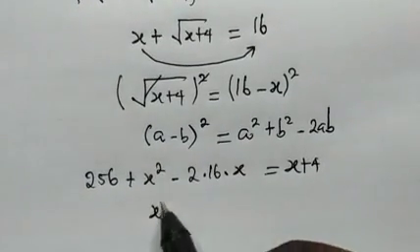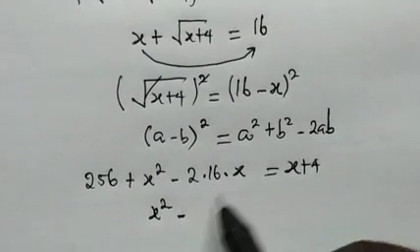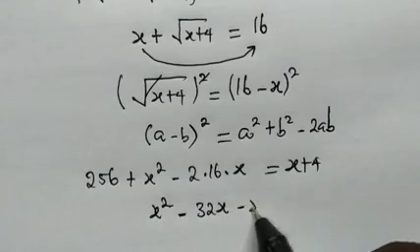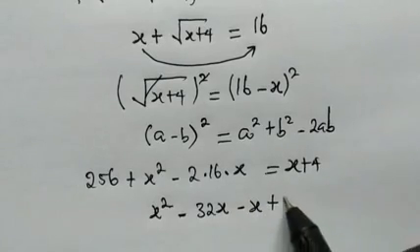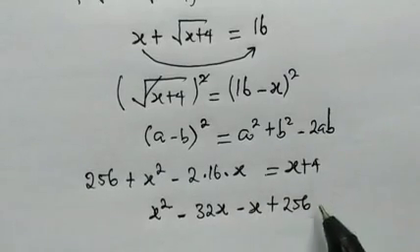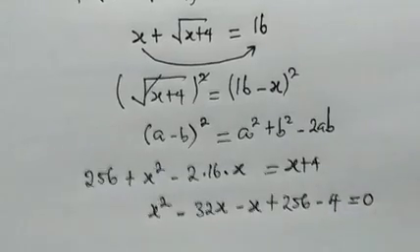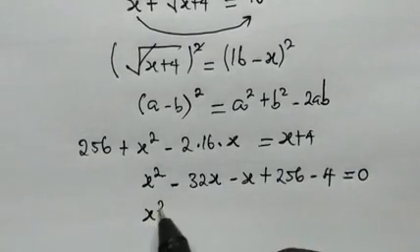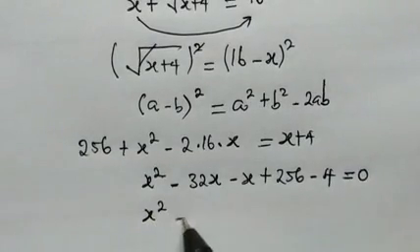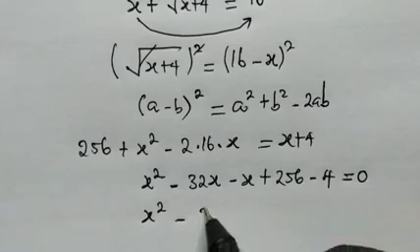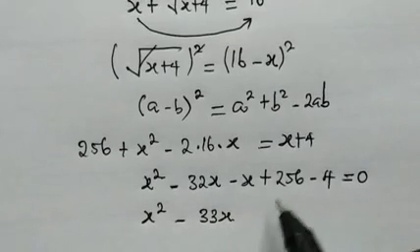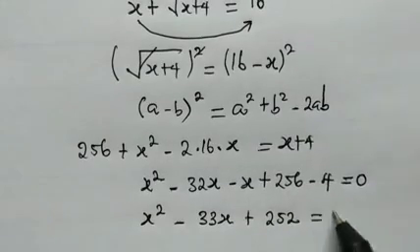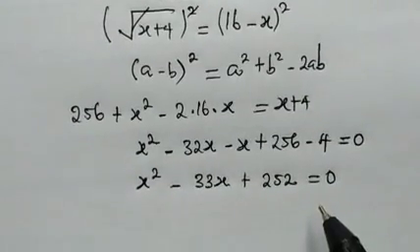From here, we have x squared minus 2 times 16 times x, which is 32x. Then subtract this x here, then plus 256, then subtract the 4, and this is equal to 0. So from here we have x squared minus 33x plus 252 equal to 0.